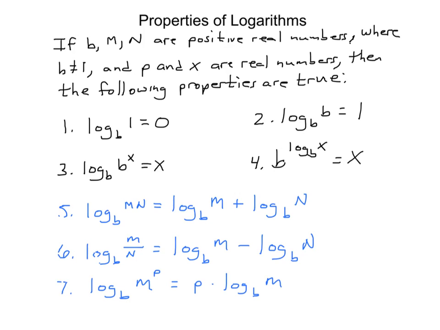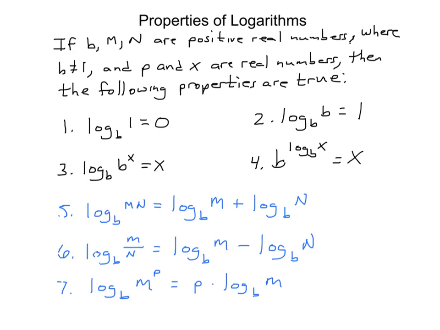Number 3 is kind of an extension of number 2. Again, when the two bases are the same, you get x. And here, the same thing. These two bases, you also get x. These 3 and 4 also come from the fact that logs and exponentials are inverses of each other. And because of that, when I do a composition of a function and its inverse, I'm going to get just what's in the exponent.